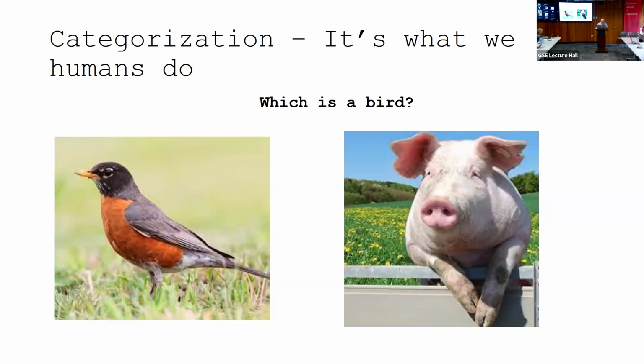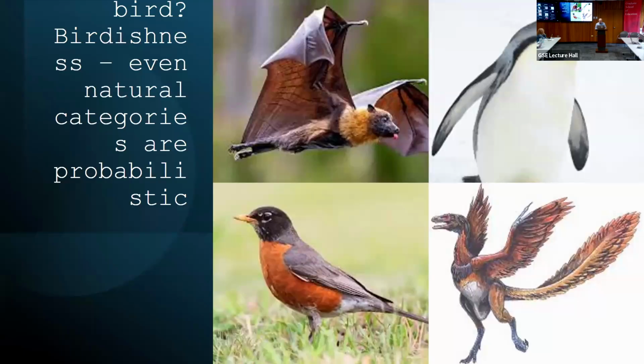So here, it's pretty simple, right? Which is a bird? I assume a good proportion of us here could get that right. And kids are doing this, and this is how we learn. We build structures.